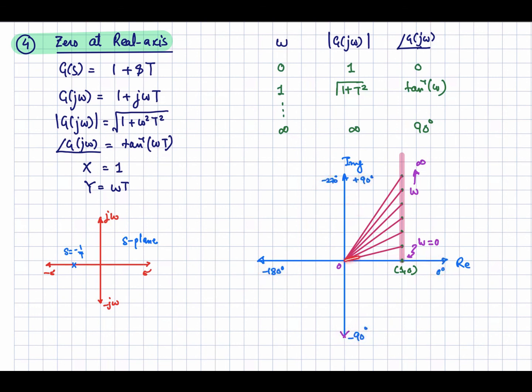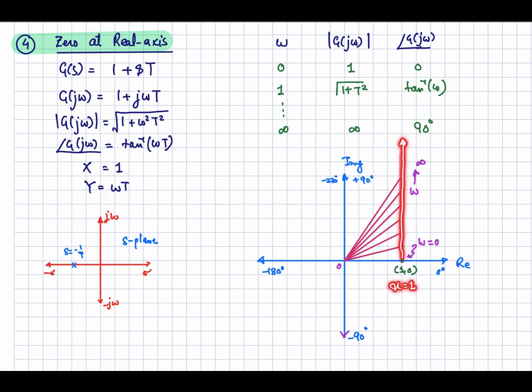So here you can see that when the frequency is 0, that is omega equal to 0, you are at this point, that is 1 plus 0j, and as your frequency increases, your phase will be increasing like that. This is the phase point and its magnitude is increasing, but its real part is always equal to 1. The imaginary part is going to increase. So this is a straight vertical line going up to infinity at x equal to 1.